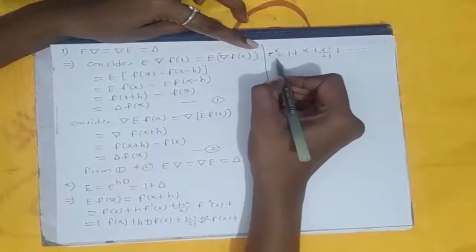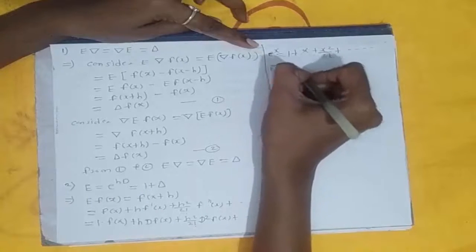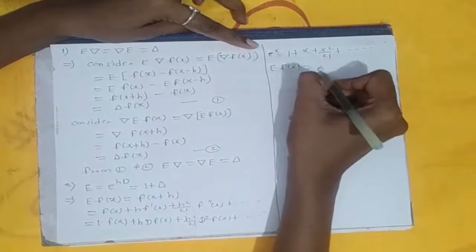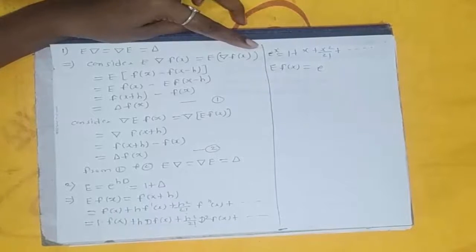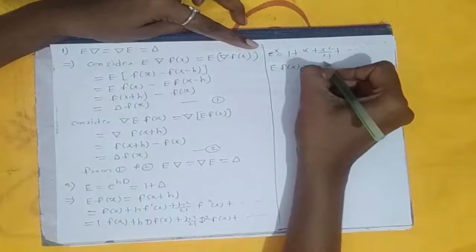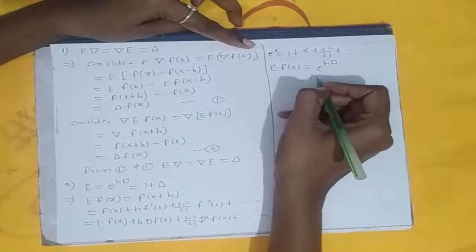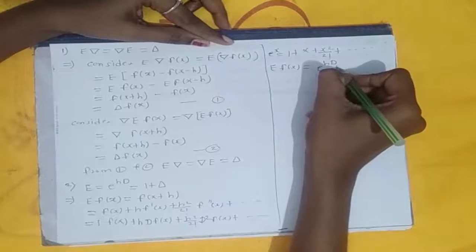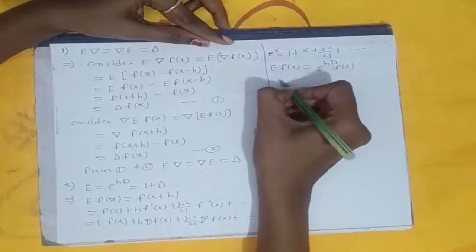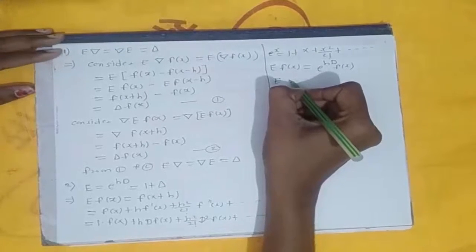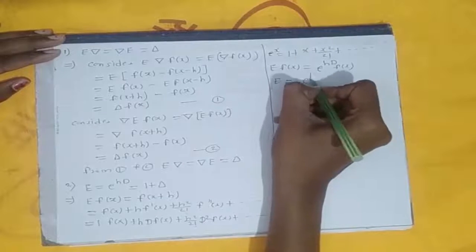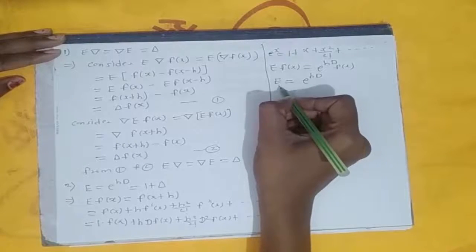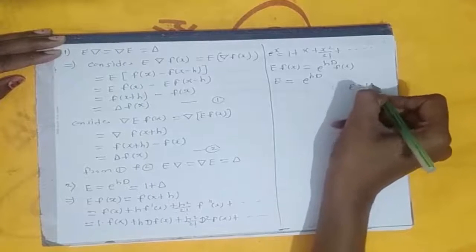If we use this series expansion, then we get E f of x is equal to, in this RHS, using this series expansion, we can write instead of x, h D f of x, then h square D square f of x over 2 factorial and so on, that is we get e raised to h into D. Again f of x is an arbitrary function, so we get E is equal to e raised to h into capital D. Again we know the relation between E and delta, E is equal to 1 plus delta.